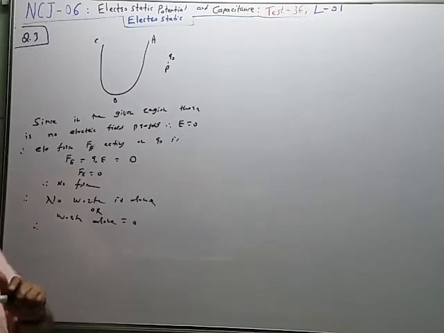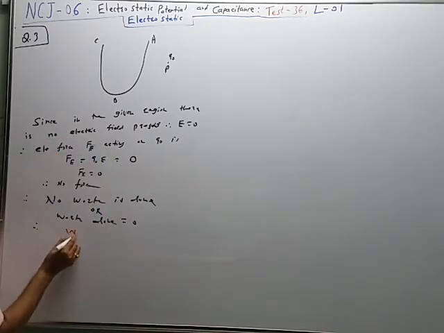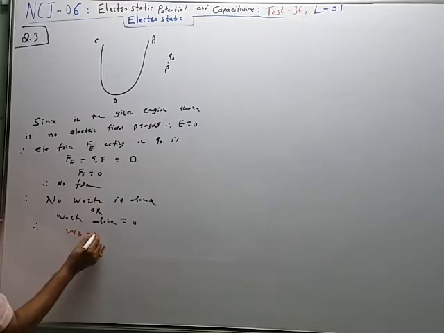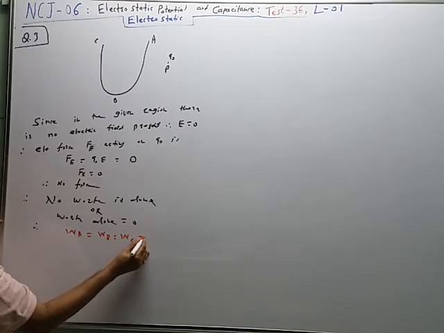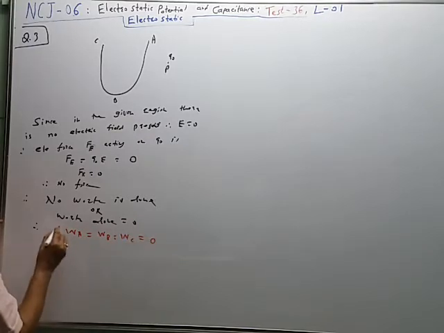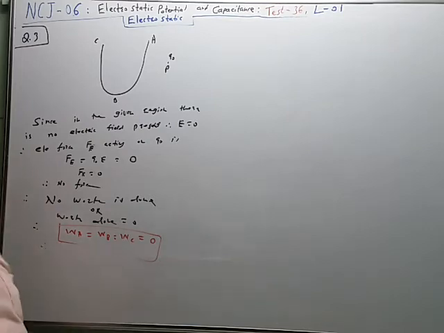Work done is equal to 0, and therefore the correct answer is: work done for point A, for point B, for point C, all these values are 0. Therefore the correct choice is B.